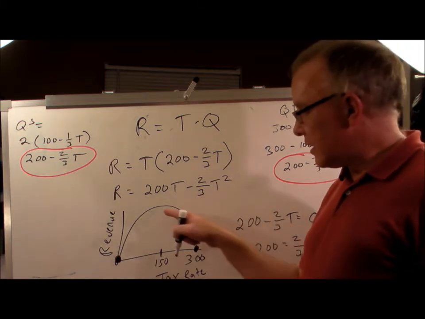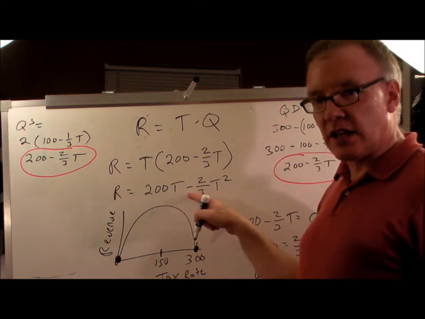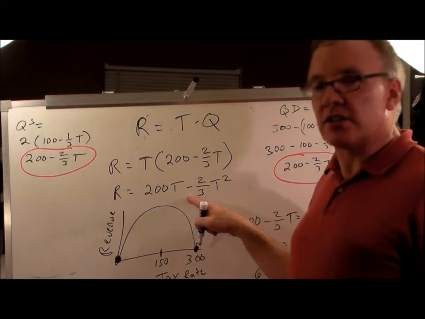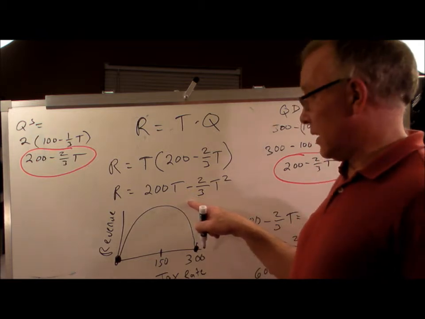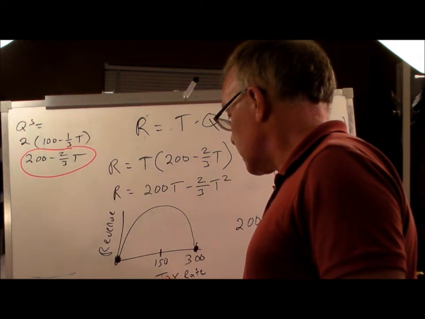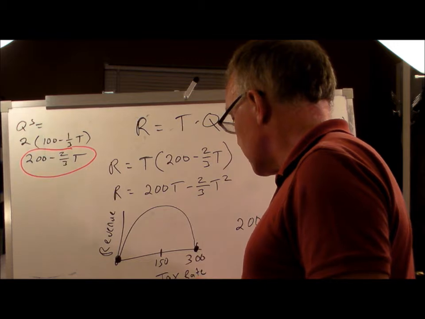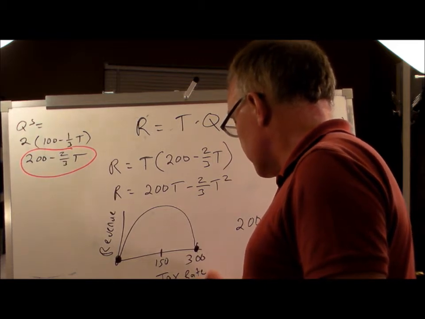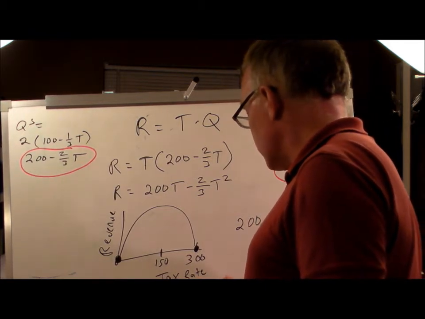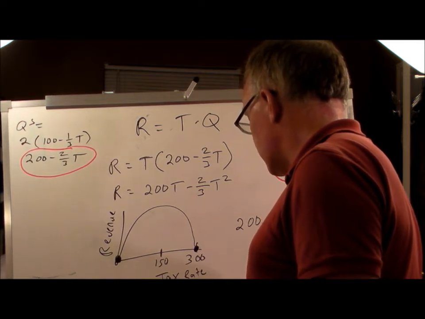The way to find this high point in the bar is to actually take the first derivative of this and set it to 0. You're just going to have to believe me that that's how you do it. And so the first derivative of this would be 200 minus 4/3 t. And we set that to 0, and that means that 200 equals 4/3 t.